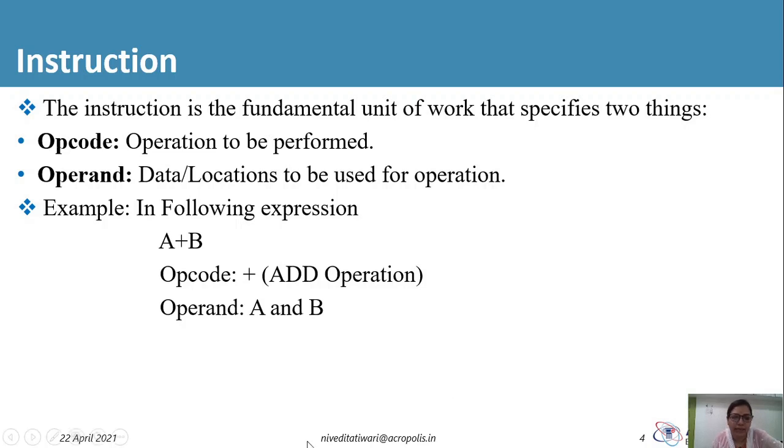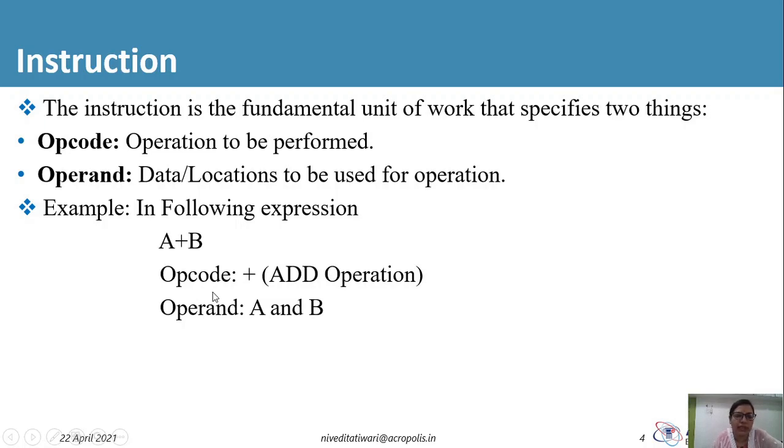So a and b are the two values on which we perform our operations, and these operand values may be available in memory or in the registers. On these operand values we perform different kinds of operations, and that operation is specified in the form of the opcode.